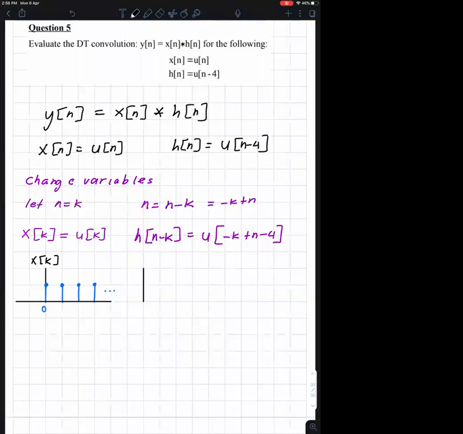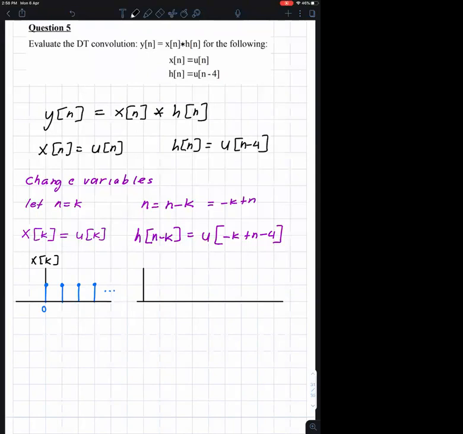Next, you sketch h[k], I mean h[n minus k]. You sketch part by part. You don't have to jump straight into h of n minus k; you go step by step.